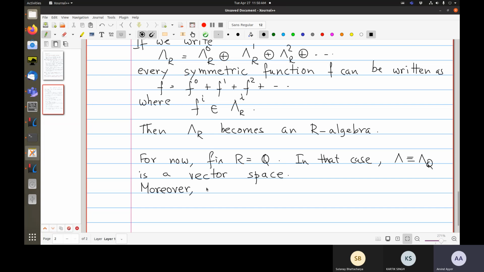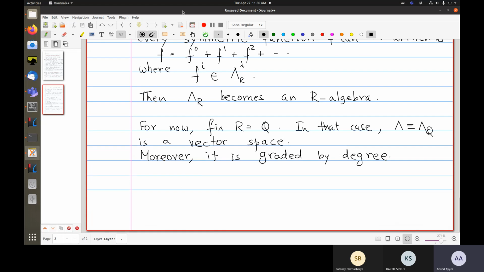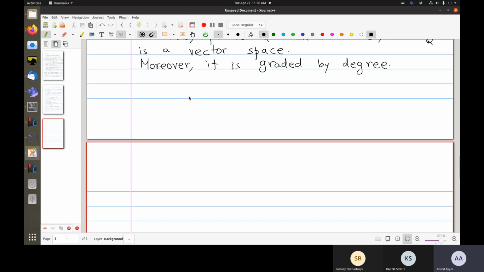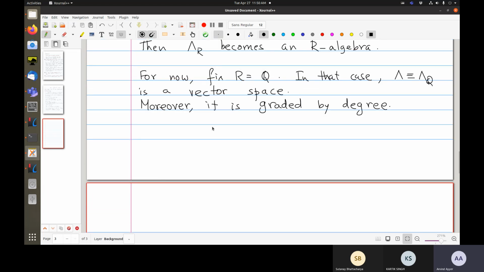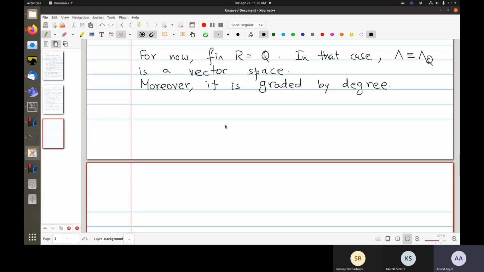Remember, it is graded by degree. And so, this is a special kind of vector space, so it's natural to ask for distinguished bases of lambda n, let's say.